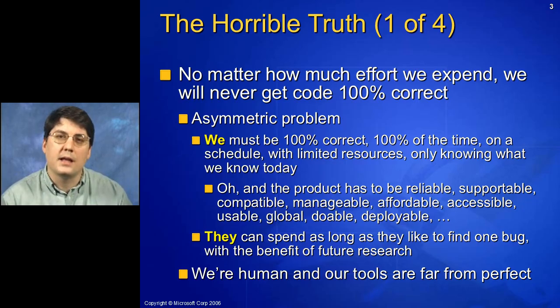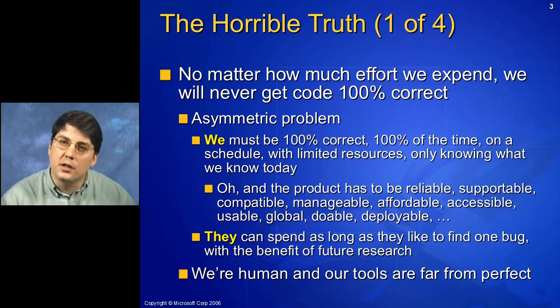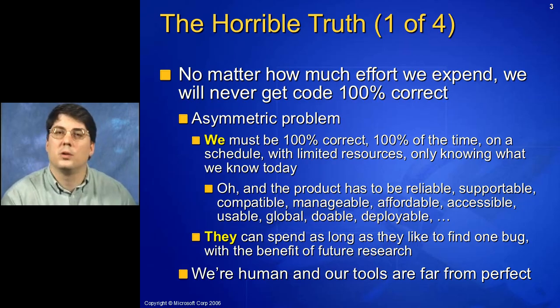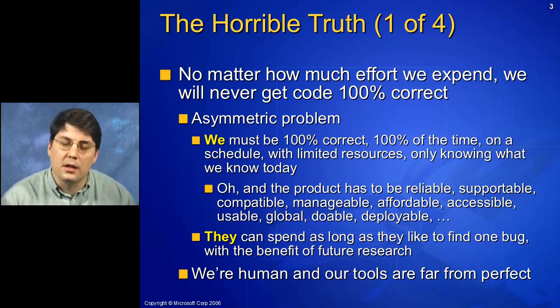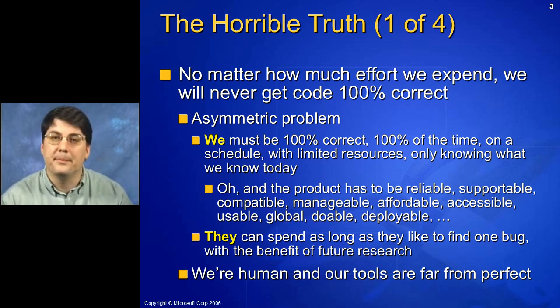As software developers, we have to be 100% correct 100% of the time. We've got to make sure that things are on a schedule, that things are localizable, that things perform well, that things have a good user experience, that things are supportable, compatible, maintainable, accessible, usable, doable, all of the things that large-scale commercial software needs to be.